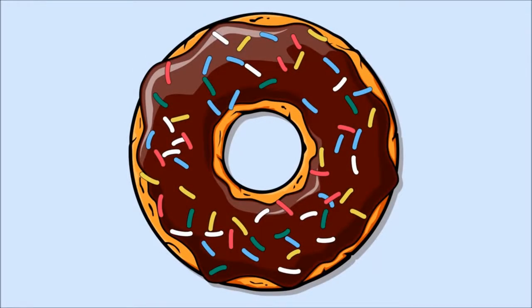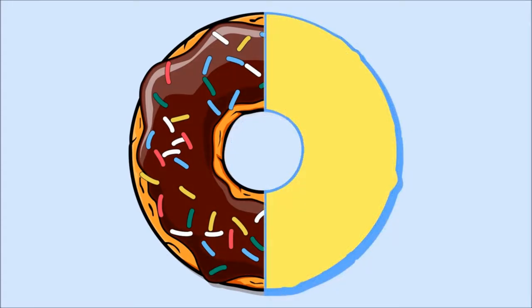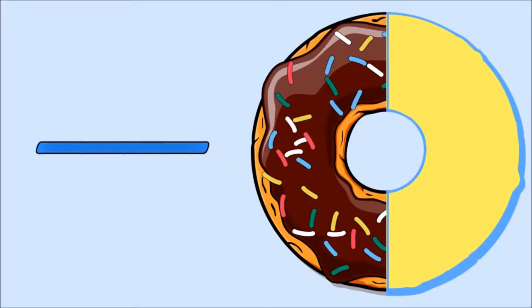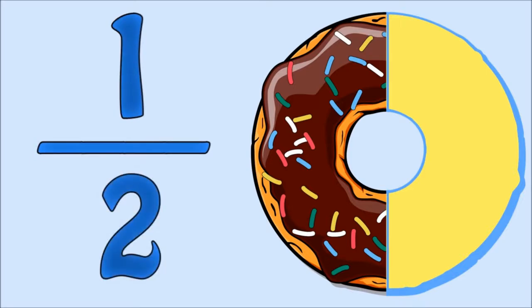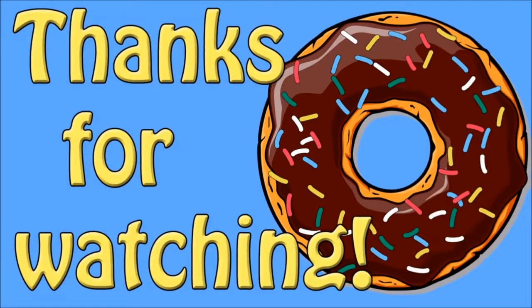If you and your friend have one donut to share, then you will cut it into 2 pieces. If there are 2 pieces of donut and you eat 1, what is the numerator of your fraction? That's right, the numerator is 1. What is the denominator? Right again, it's 2. When the fraction is 1/2, we call that one half. Thanks for watching.